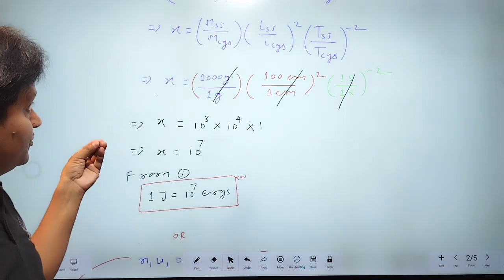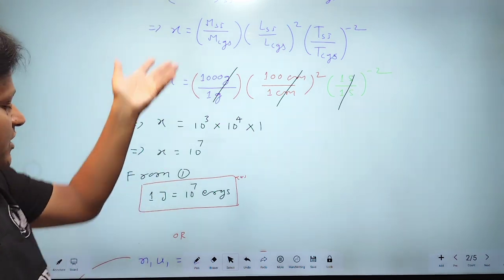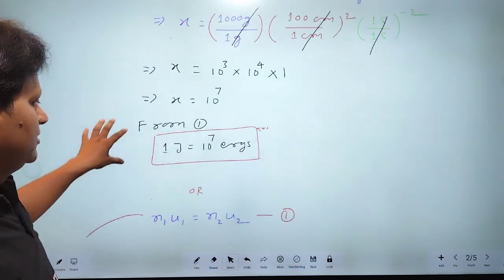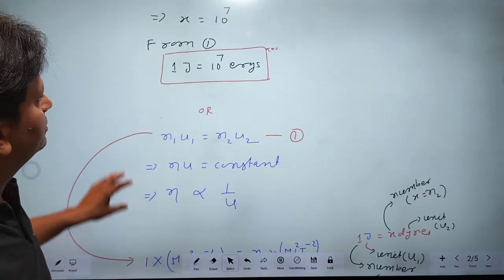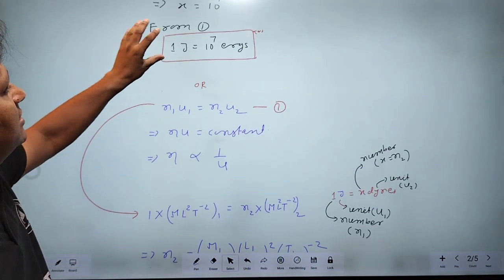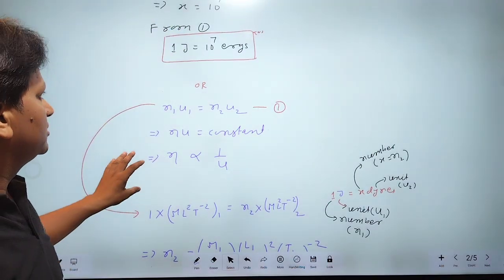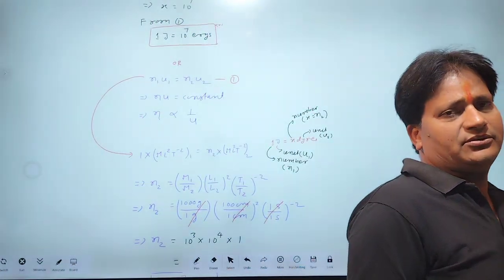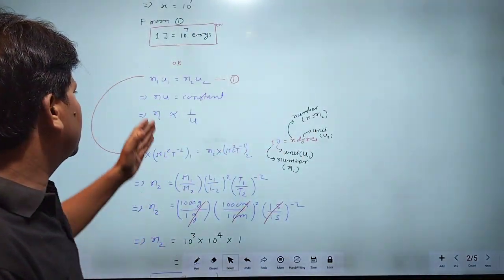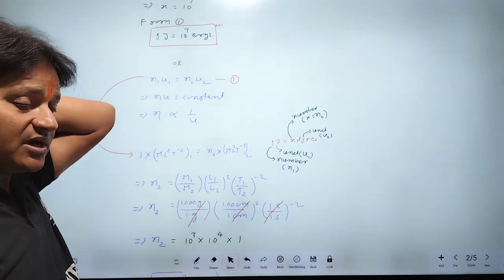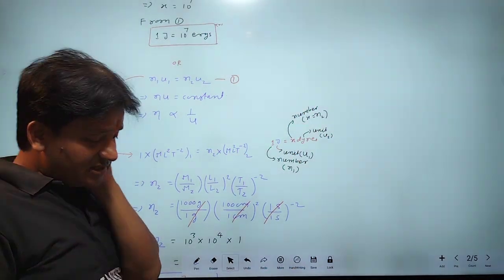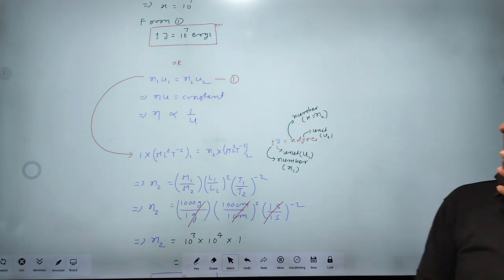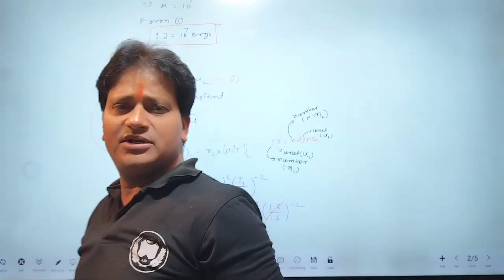Now putting this value in 1, we get 1 joule will be equal to 10 to the power 7 ergs. So you should remember this value also, just like 1 Newton is equal to 10 to the power 5 dynes. Erg is the CGS unit of work and joule is the SI unit of work.